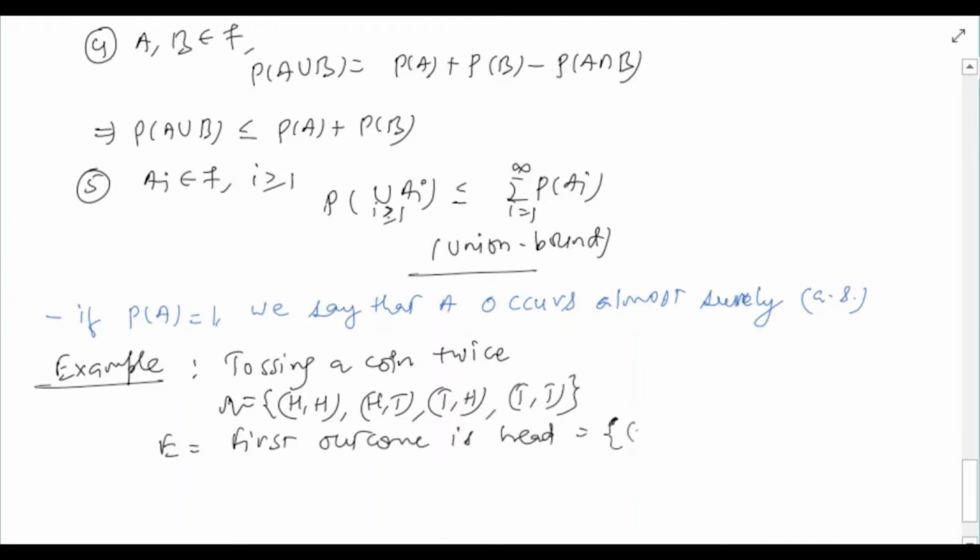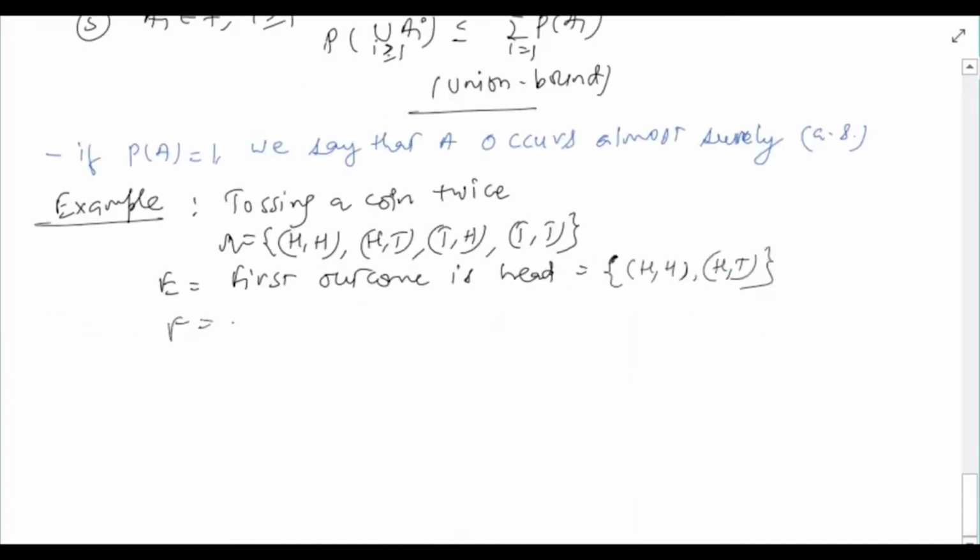In other words, this is the event HH, HT. Similarly, let us define F to be the event that the second outcome is head. That is, F is TH, HH.